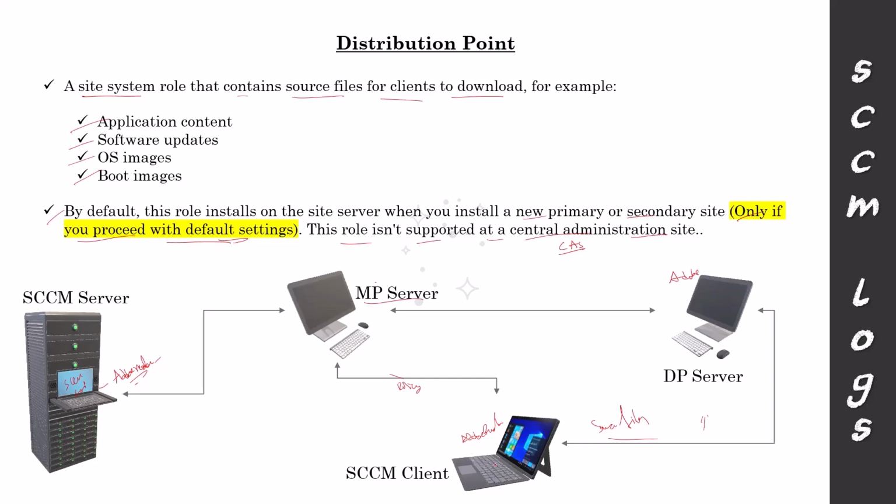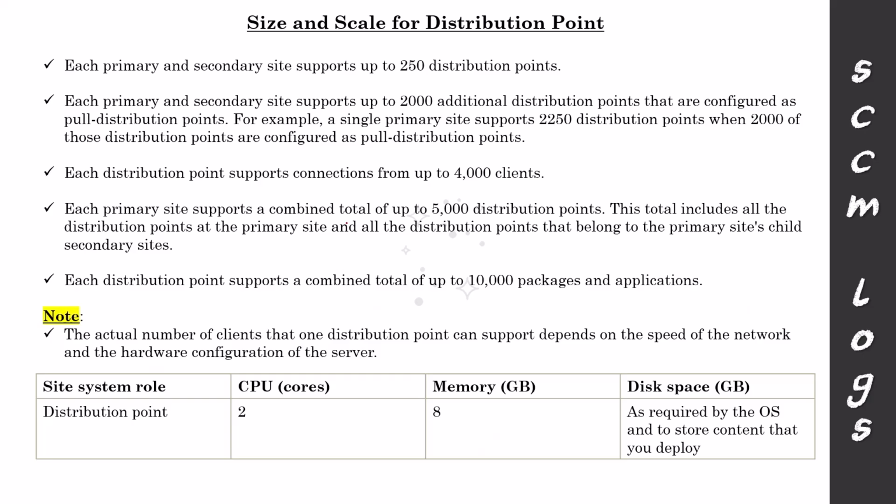Whenever the client needs the source files, it will request the DP and download the source files from the distribution point. Now let's see the scale and size for the DP. Each primary and secondary site supports up to 250 distribution points. So we can install 250 DPs in a single primary or secondary.